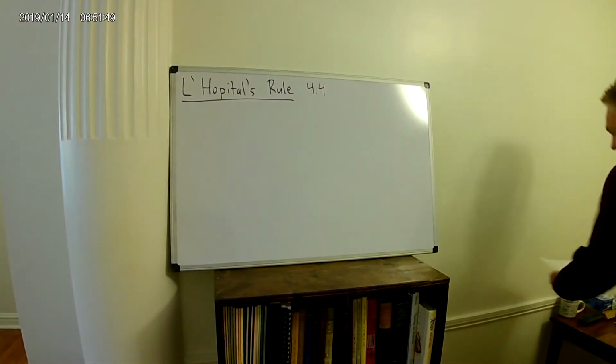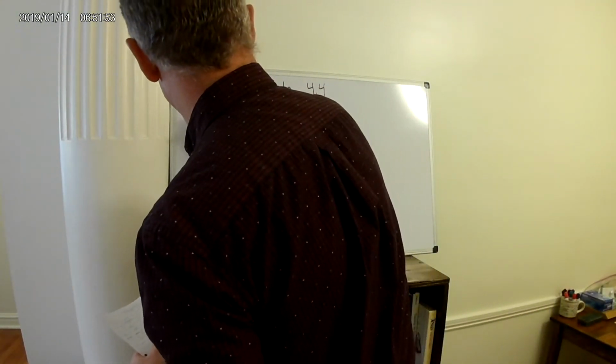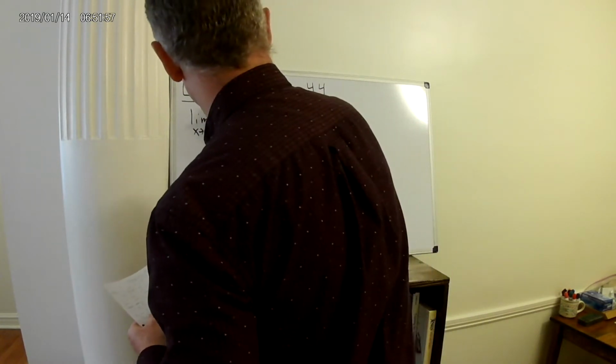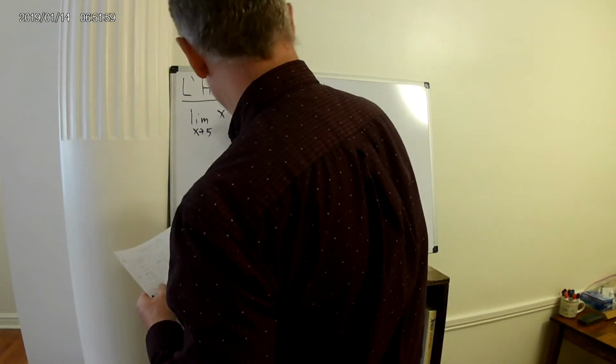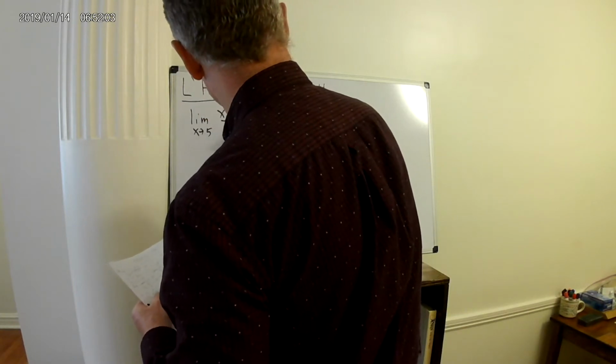So as an example of a limit we may want to evaluate, let's consider the limit as x approaches 5 of x squared minus 6x plus 5 over x minus 5.